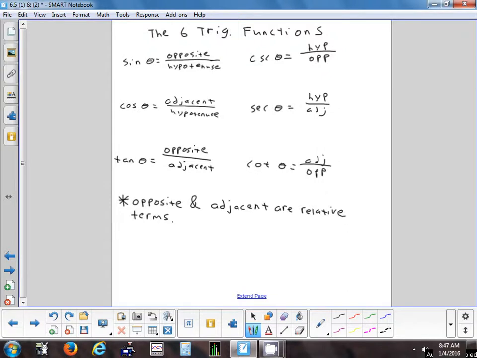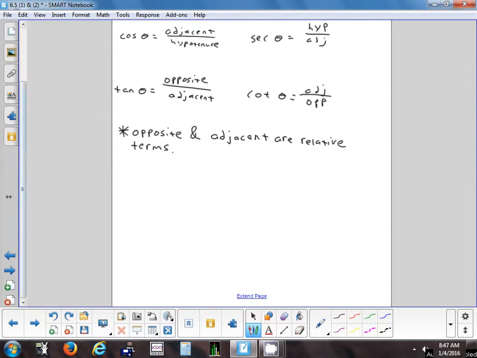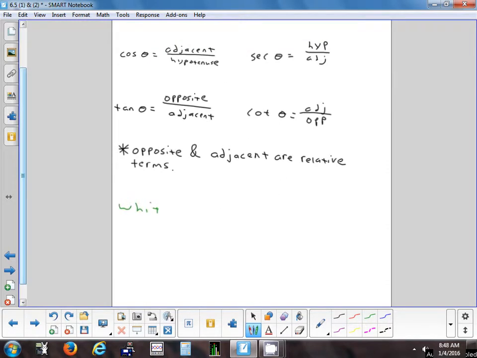Now when we did unit circle, we didn't use these words. We used x's and y's. Does anybody remember which letter sine was equal to when we did unit circle?